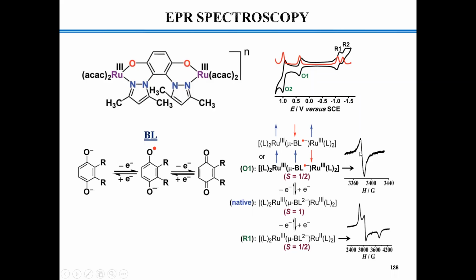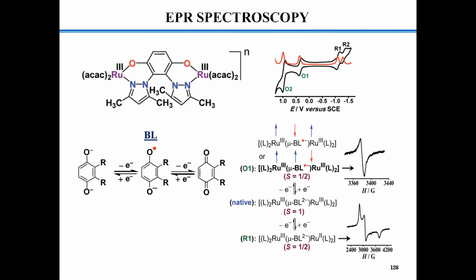But this EPR could be interpreted via another concept: instead of 1-2 coupling, if we consider 1-3 coupling, that means there are 2 metal-based unpaired electrons, they are coupled, leaving the unpaired spin on the intermediate bridge. That means these 3 would be coupled, leaving the unpaired spin over here, which is called 1-3 coupled, instead of natural 1-2 coupling. 1-2 coupling is the natural coupling from a physics point of view.